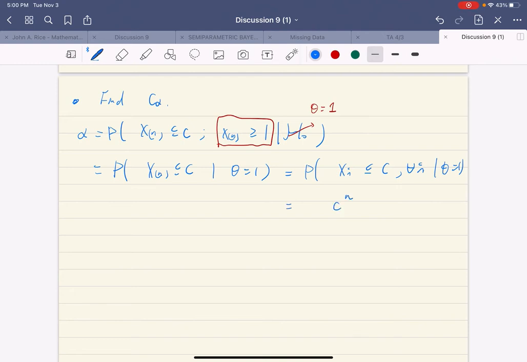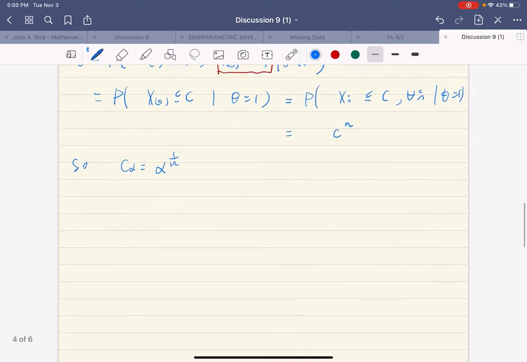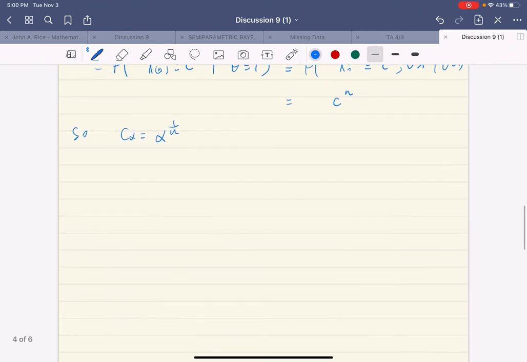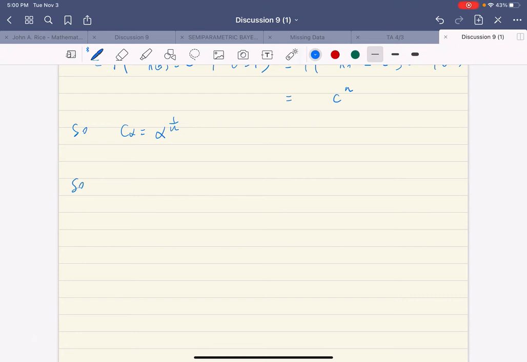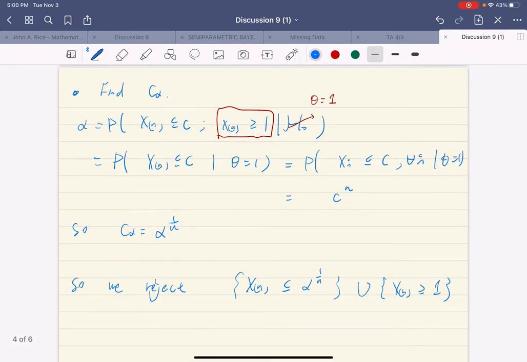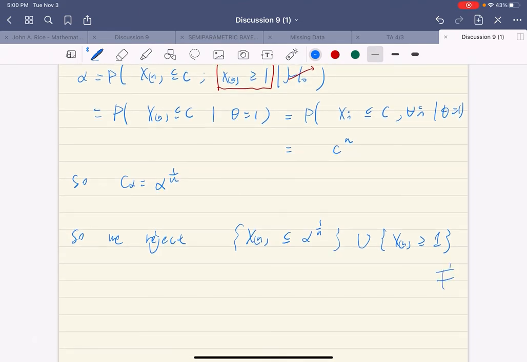So alpha equals C to the power n, and C alpha is alpha to the power 1 over n. So we reject when Sn is smaller than alpha to the power 1 over n, or Sn is greater than 1. Okay, so that is our likelihood test.